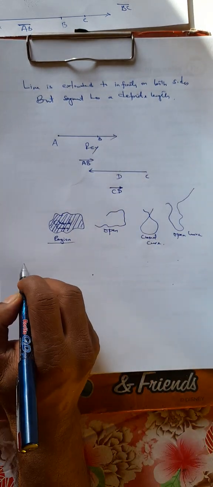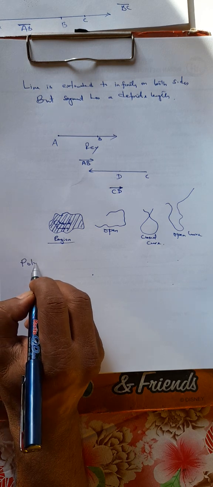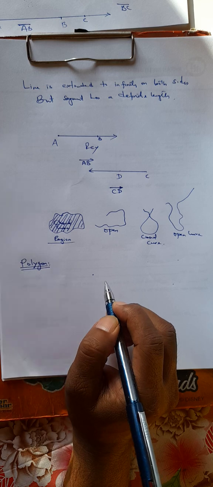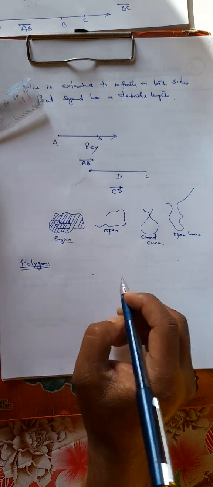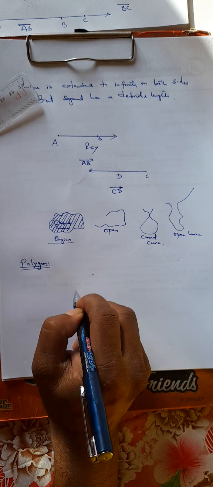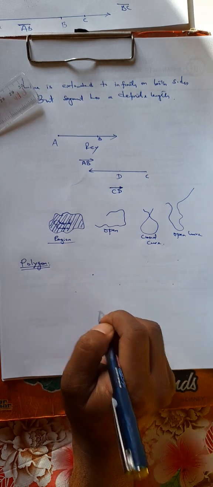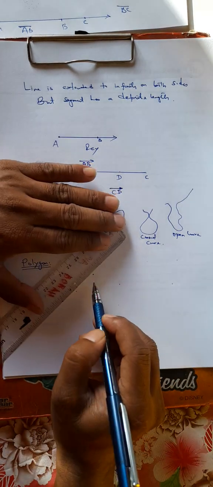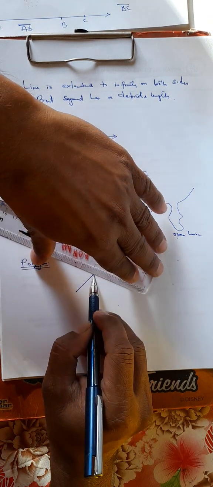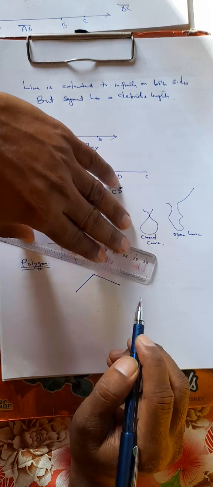Now we'll discuss polygons. Now let us draw a closed curve obtained by joining straight lines, a closed figure. Let us join these points, obtained by joining line segments.